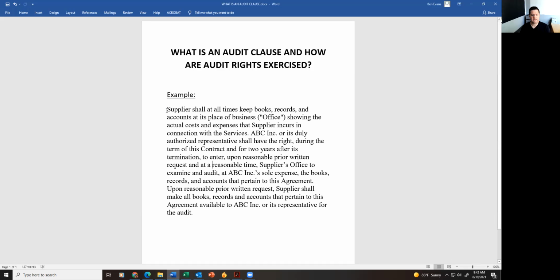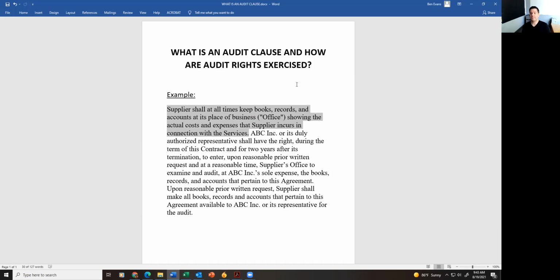So the first sentence here says the supplier shall at all times keep books, records, and accounts at its place of business, office, showing the actual costs and expenses that the supplier incurs in connection with the services. This is essentially an expectation being set up that, hey, you're going to have to hold on to records in your environment so that we can perform an audit, right?